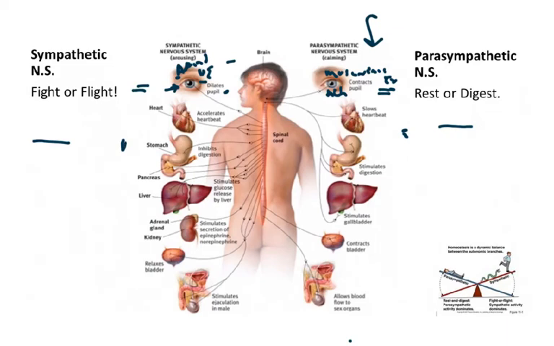So really what you have to think about is, what should the rest and digest nervous system be doing to each of these organs? And what should the sympathetic nervous system be doing to each of these organs? But the type of neurotransmitter that's acting on them becomes really relevant when you think about drugs.